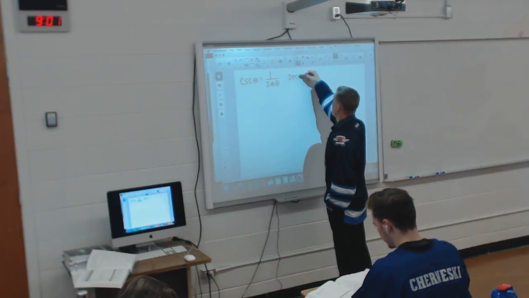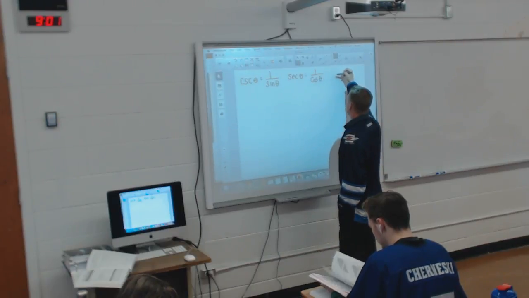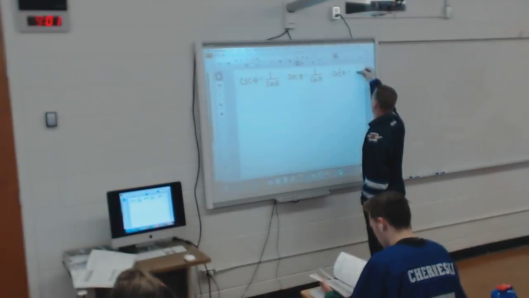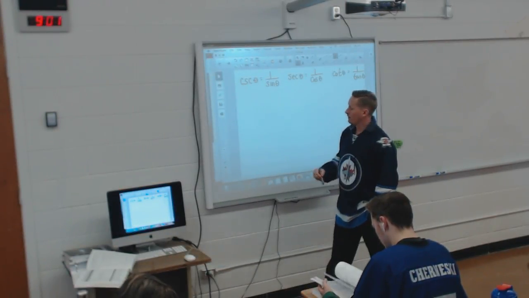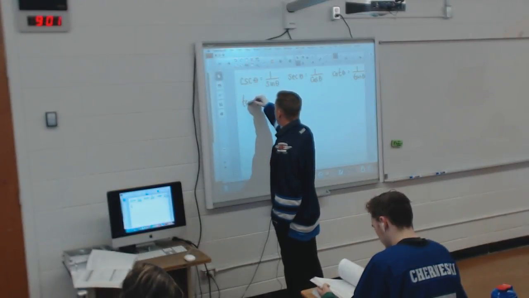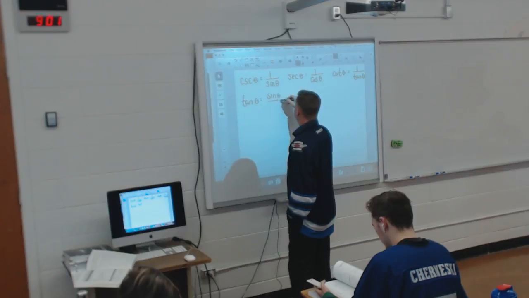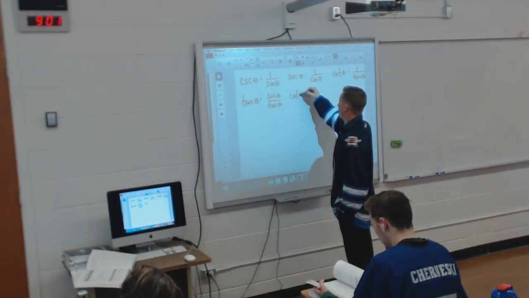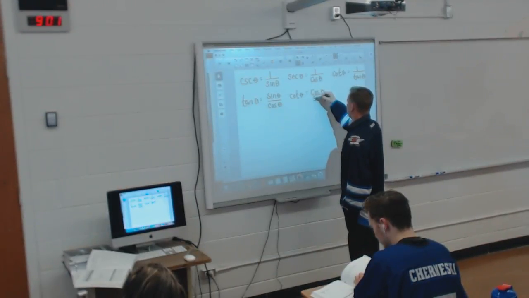Secant theta is equal to 1 over cos theta. And cotan theta is equal to 1 over tan theta. Tan theta is equal to sine theta over cos theta. Cotan theta then is equal to cos theta over sine theta.